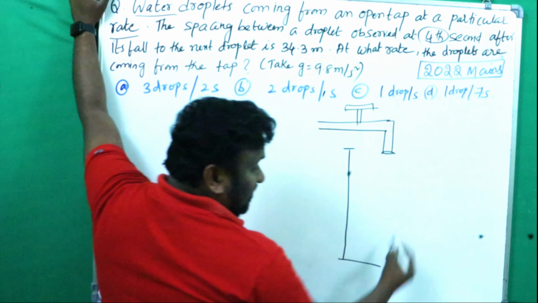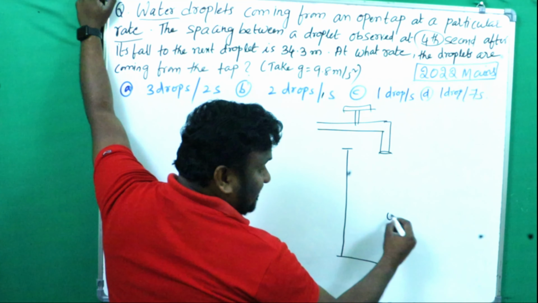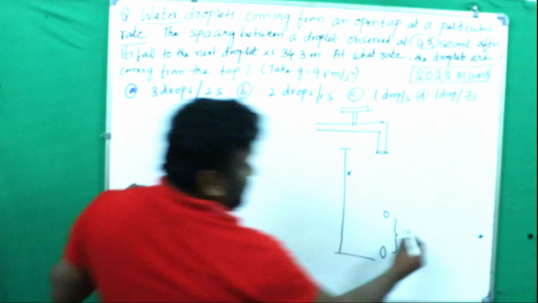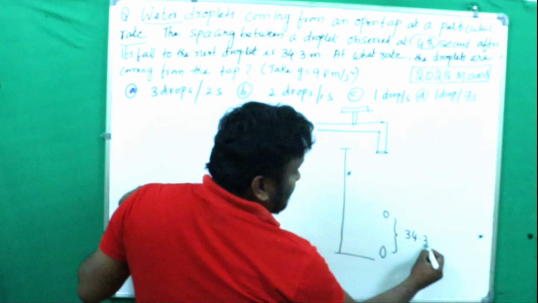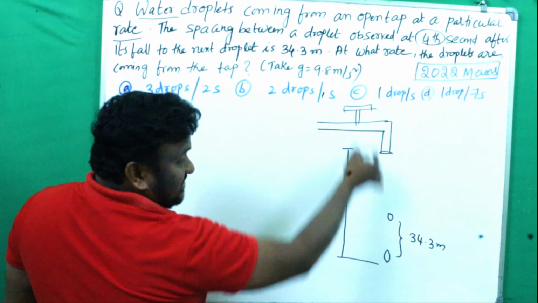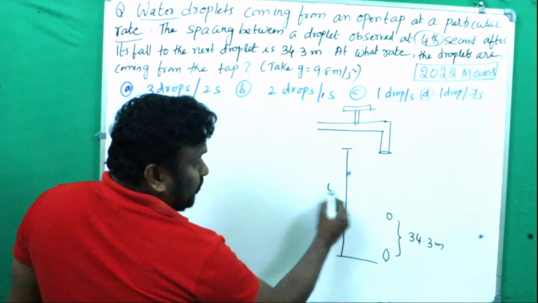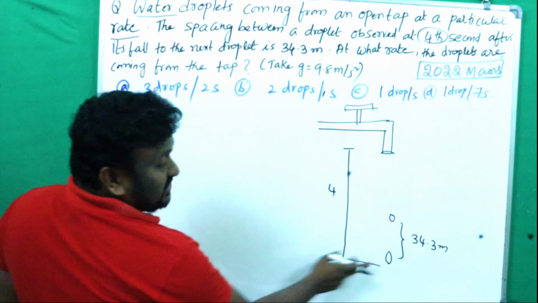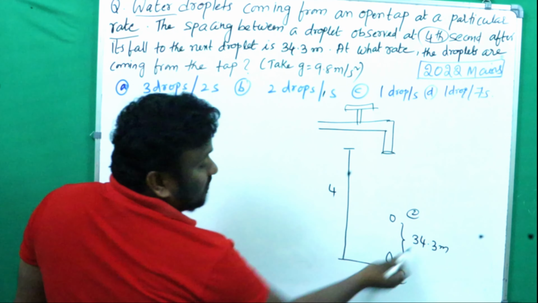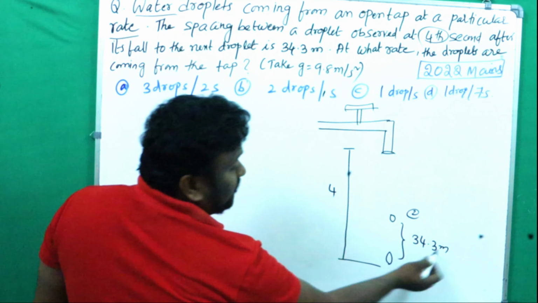At the 4th second, there is another drop, the next following drop from the tap, and the distance of separation is 34.3 meters. So this is the distance traveled by the first drop in 4 seconds. At the 4th second, this is the first drop and this is the second drop, and the distance of separation is 34.3 meters.